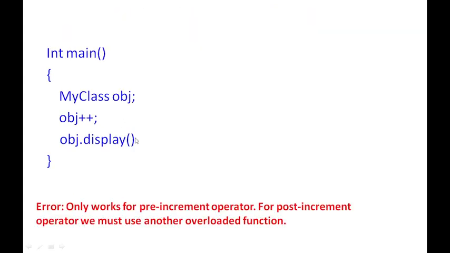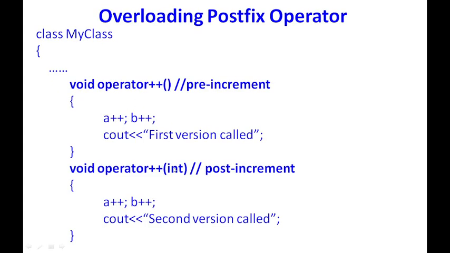So we have to now overload the post increment operator differently. The difference is that we have to pass an integer argument in order to overload the post increment operator. You can now see that I have provided two operator versions, one for pre increment, another for post. The only difference between the two versions is the argument.